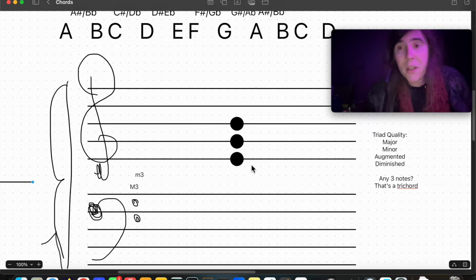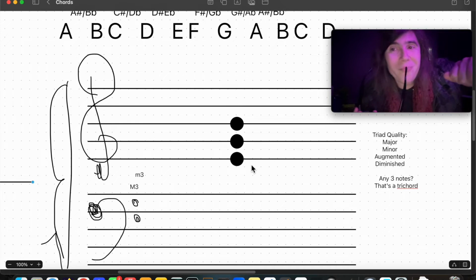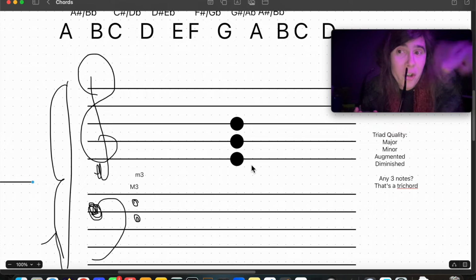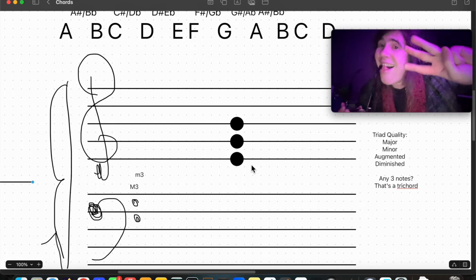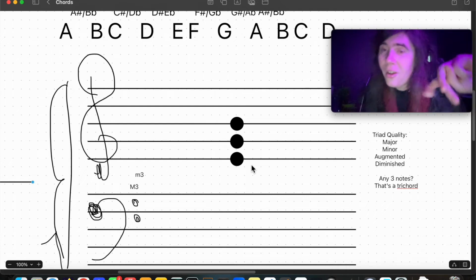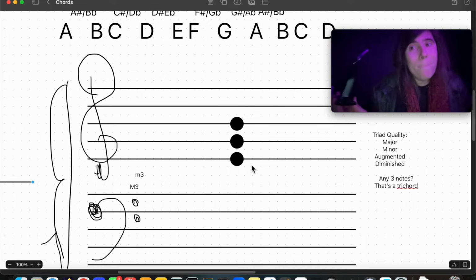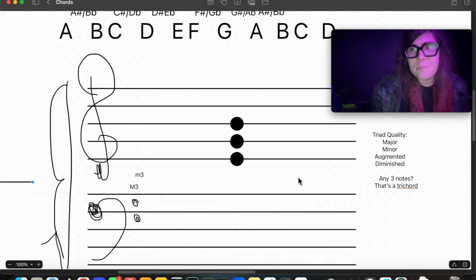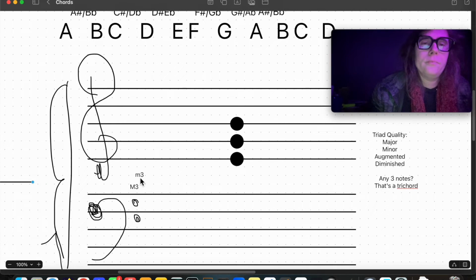E to G. So E up to F is one semitone, and then F to G is a whole step. That's two semitones. In total, three semitones, which is the minor third. There's a minor third between them.